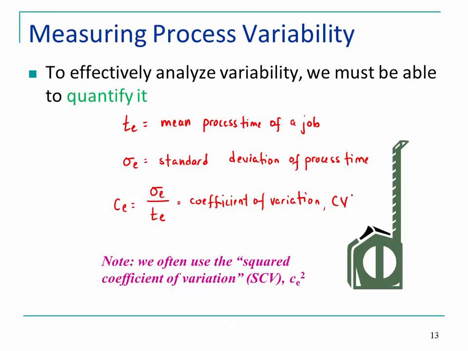Any questions so far? Okay, so this is going to be the base for the analysis that we are going to start right now. Okay, so in order to analyze variability, we must quantify it, and these are the three things that I put here.